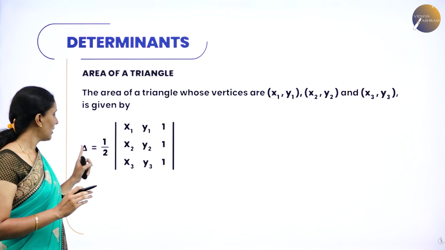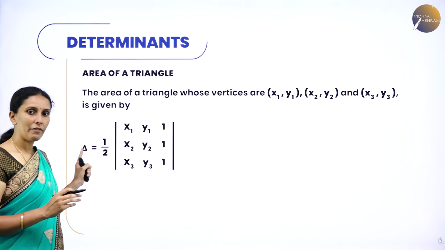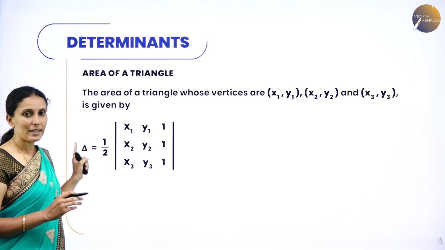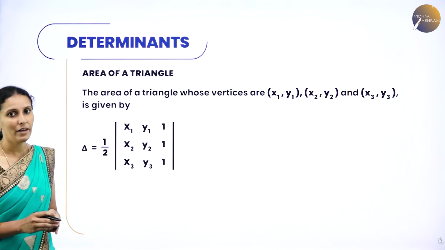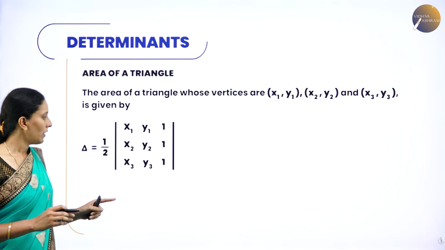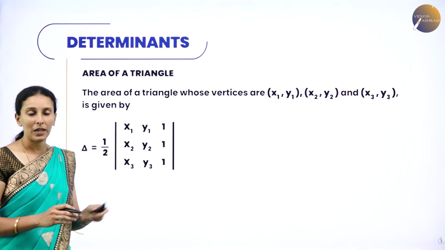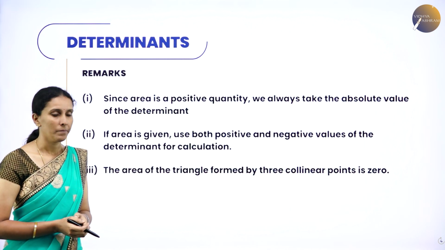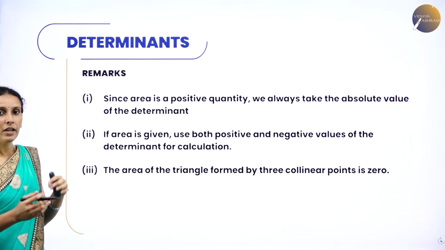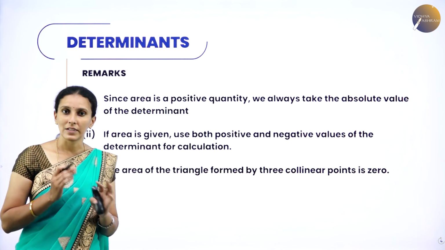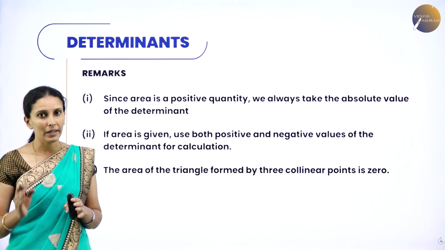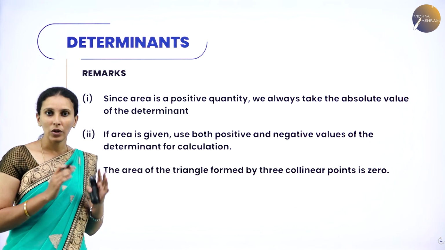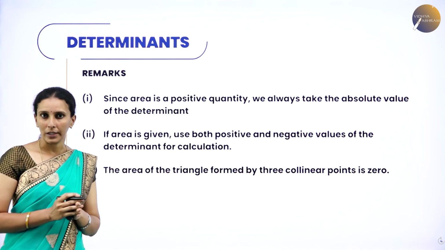So to calculate the point, whenever the value of the area is given, you should take both positive and negative quantities. But when you get a negative value, make it positive because you are calculating the area of a triangle. And one more thing: whenever you calculate the value of the determinant, if it is 0, that means the points are collinear.